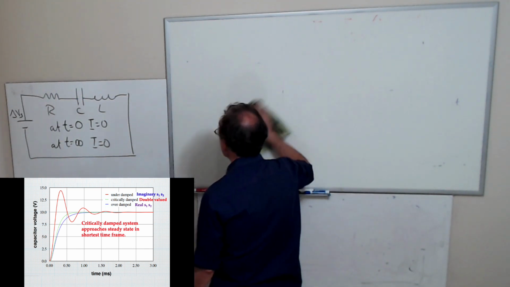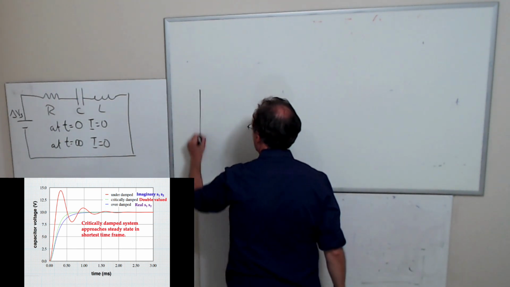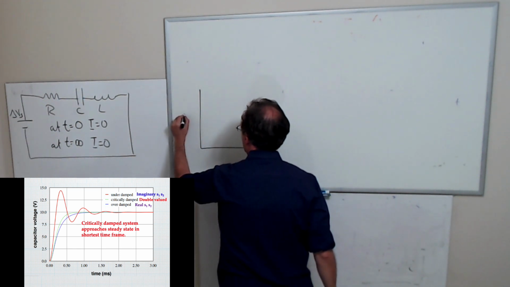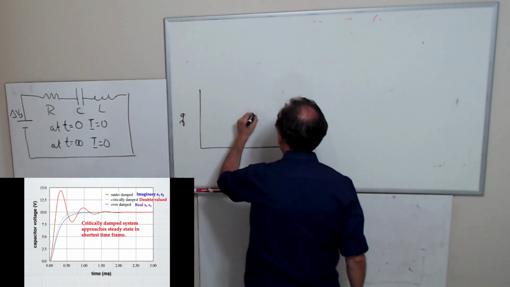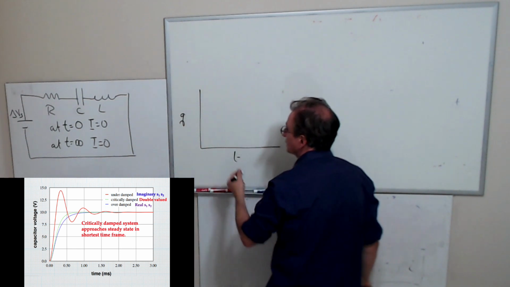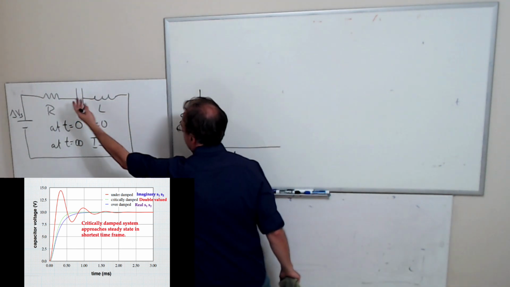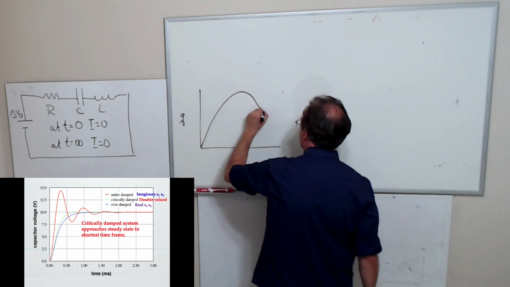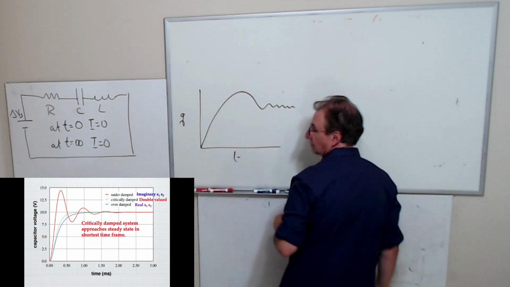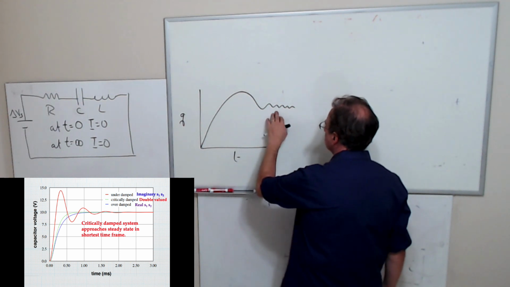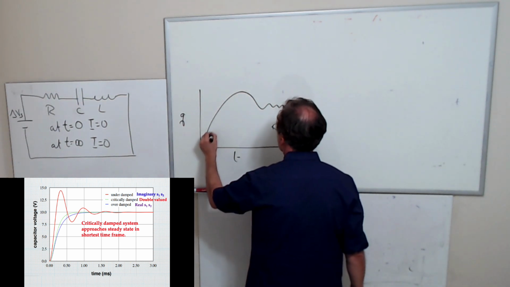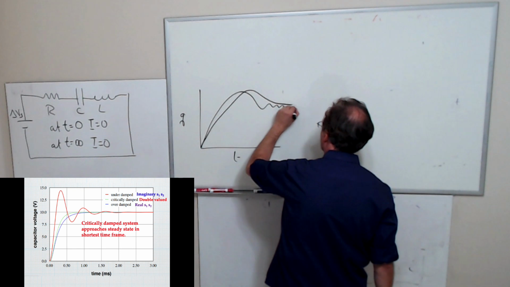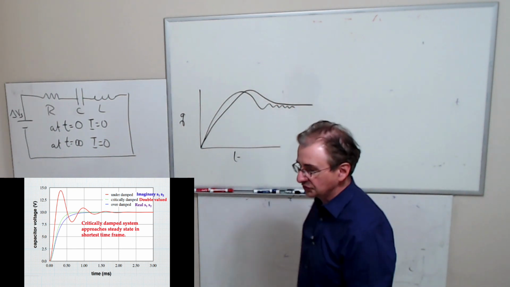And if I plot Q as a function of time, at some point, Q is going to reach a steady state because at some point the capacitor will be charged. And so you might get oscillations about some steady state position, or you might get something like this, which you see in the graph.